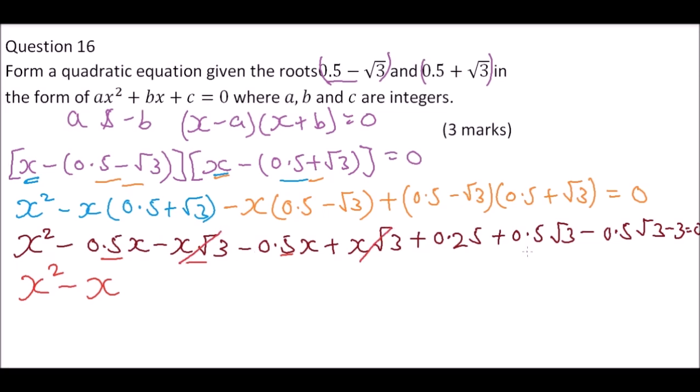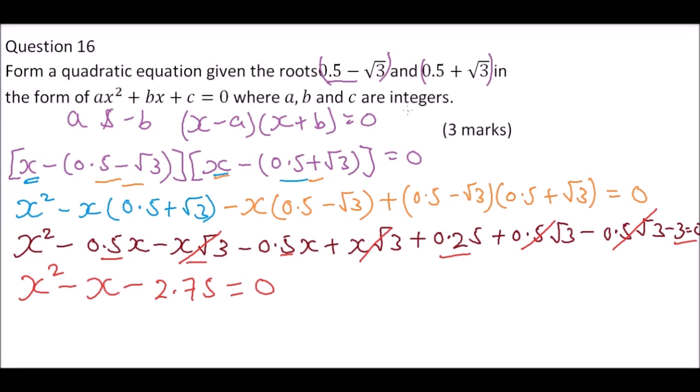We have 0.5 root 3 and minus 0.5 root 3, so that cancels, or it is equal to 0. So we are left with 0.25 minus 3. That should give you minus 2.75. So this is minus 2.75 is equal to 0. You can leave it like that.